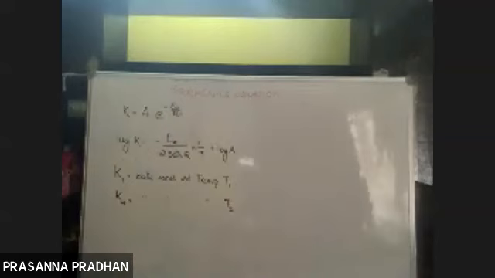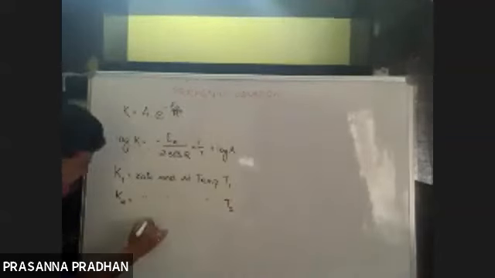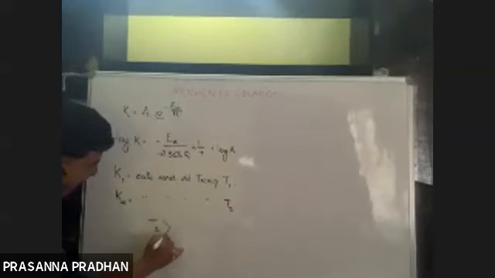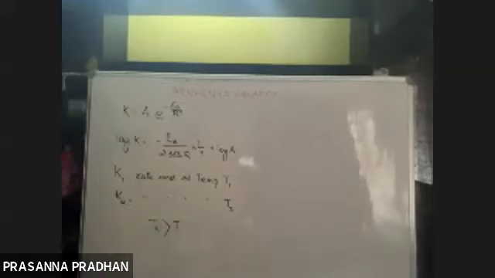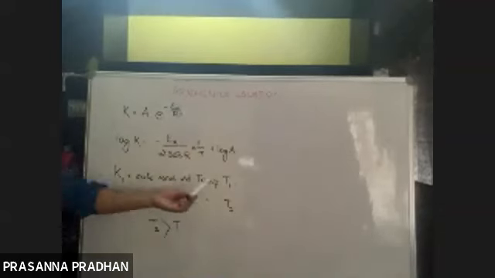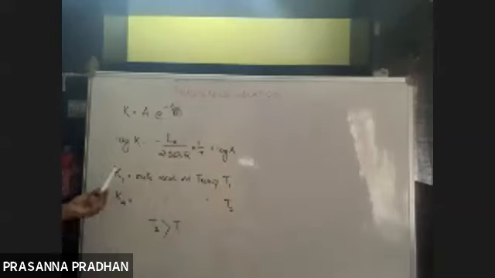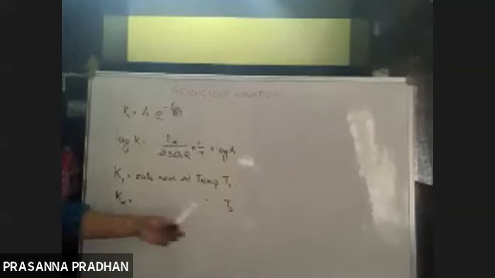We assume that the temperature T2 is higher than the temperature T1. So k1 is the rate constant at lower temperature T1 and k2 is the rate constant at higher temperature T2.